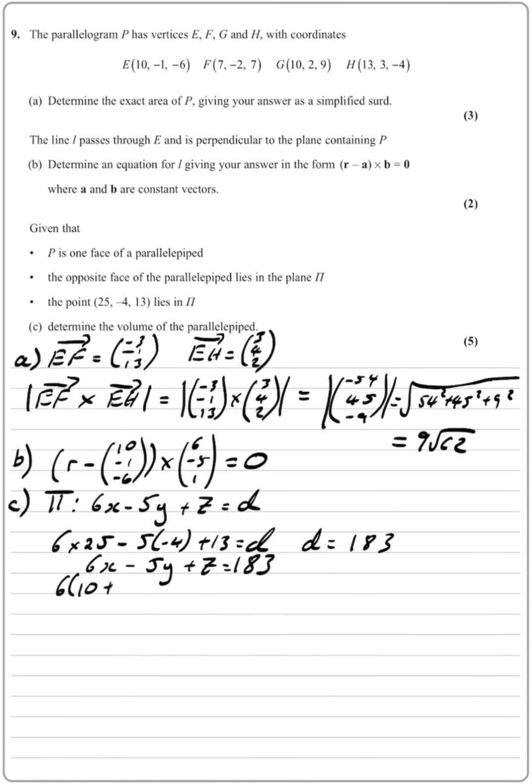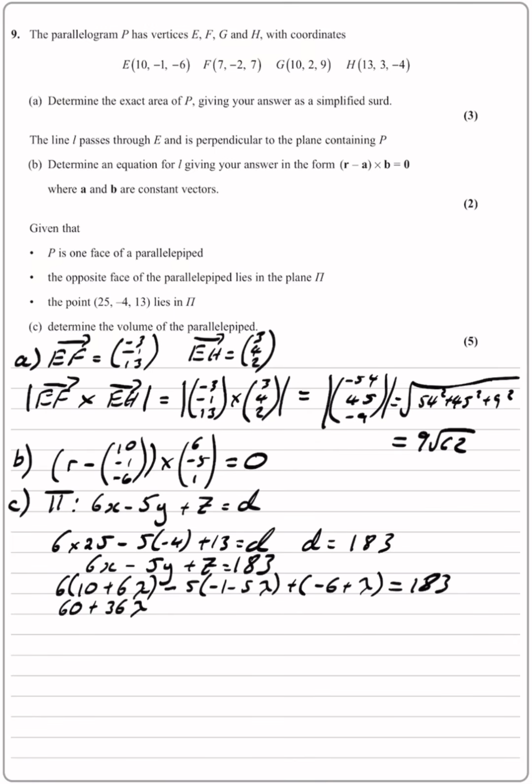Now we're going to try and work out the vector that is orthogonal to the two vectors we've already calculated the cross product for. So I'm going to construct a new vector that takes me from the point E and then does a scalar multiple of 6, minus 5, 1 to take us on to pi.